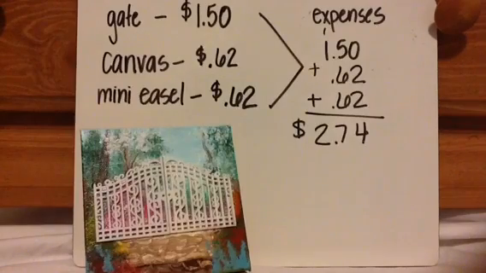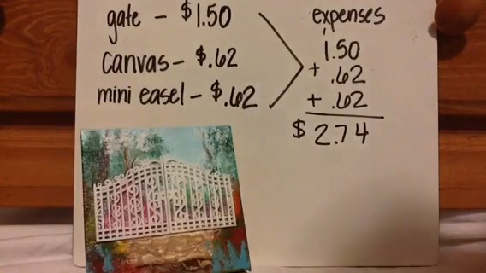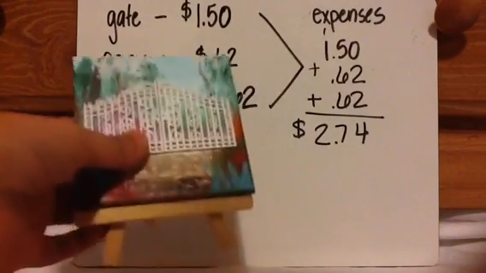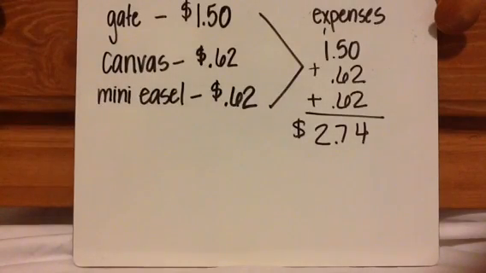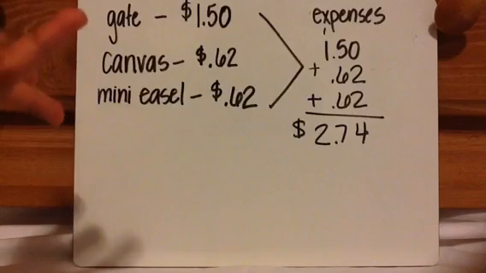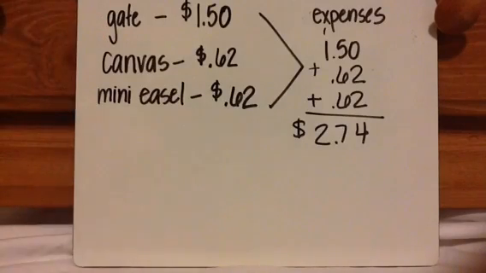So my next step is, I make the product, which I've done, and then I want to sell it for a higher price. If I sell it for exactly $2.74, or let's say $3, basically the money I put in to buy the materials, I'm getting back the exact amount, and so I didn't make any money from making all this.